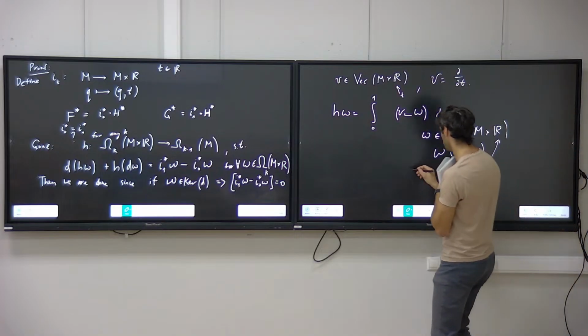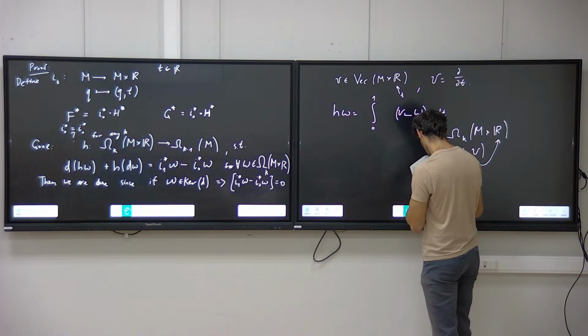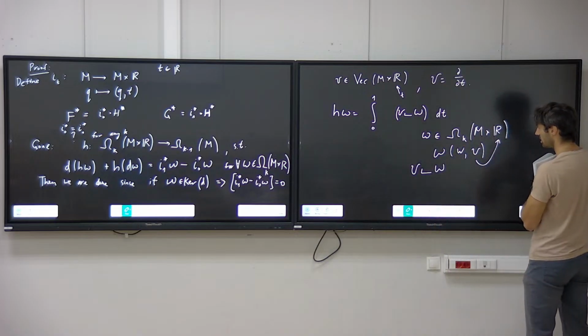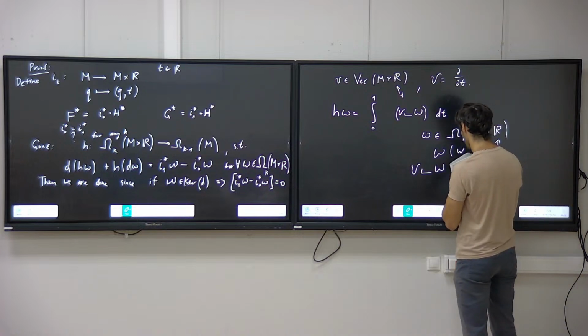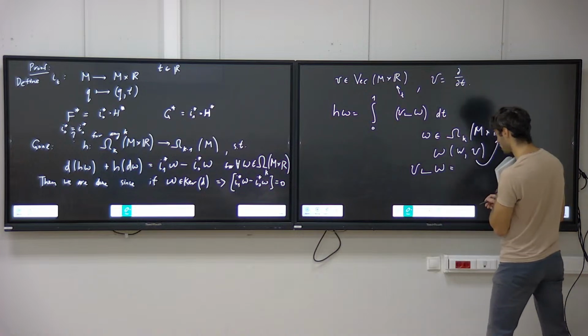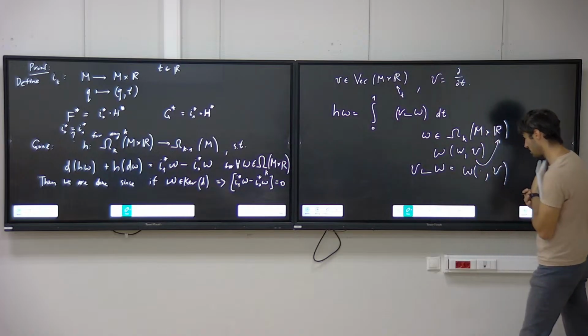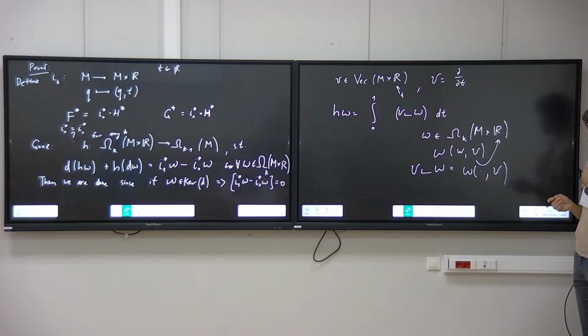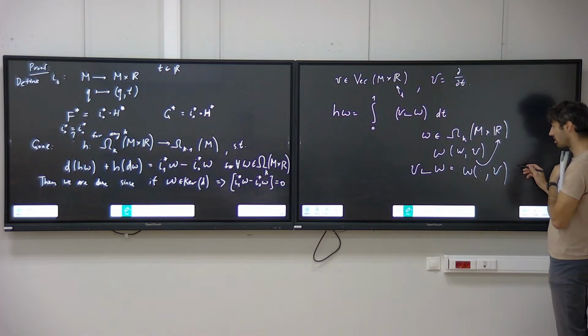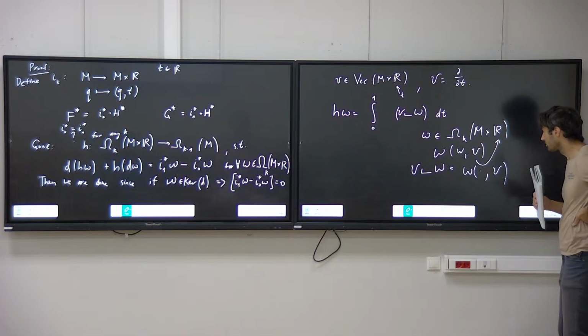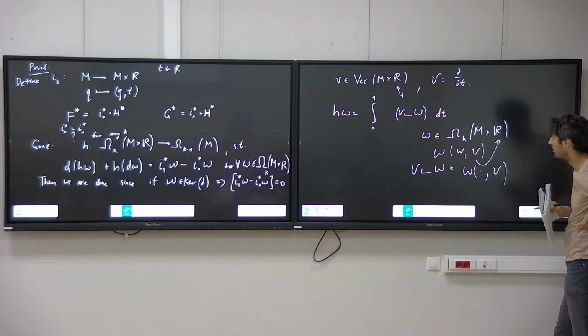So basically, v substituted into omega is omega dot v. There are two operators, and they differ from each other by the position of v. One puts v in the beginning, another v in the end.